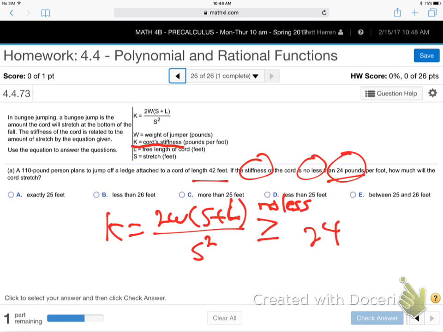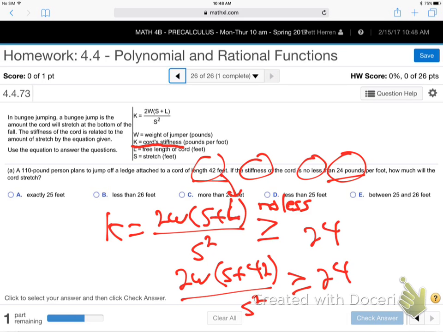Isn't that what they're saying? And they're giving me that L is 42. So 2W S plus 42 over S squared is greater than or equal to 24. What's the W? Oh, that's the weight, 110. So I should put that in there also. 110. There. So now we're down to one letter, an inequality. Solve it from there.